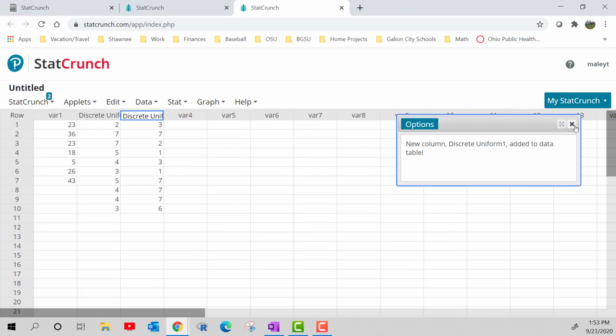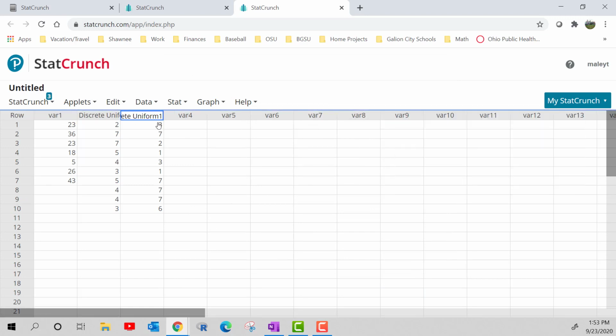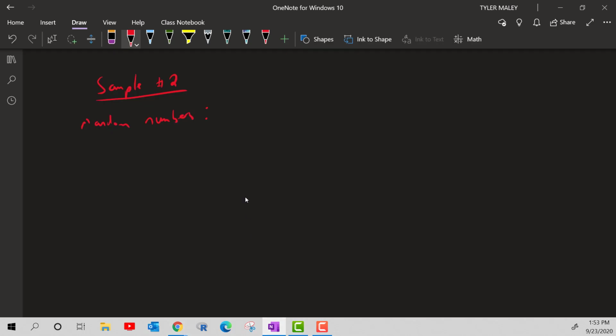And we got some additional random numbers, right? The first 3 have no duplicates, so you would just use all of those. So we have 3, 7, 2. I would go back to OneNote. My random numbers are 3, 7, 2. So x bar is going to be equal to the sum of the x sub i's divided by little n.